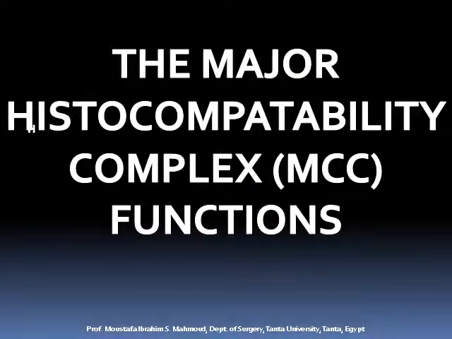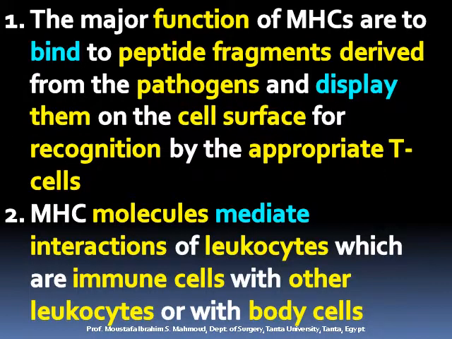The major histocompatibility complex functions. The major function of the MHCs is to bind to peptide fragments derived from pathogens and display them on the cell surface for recognition by the appropriate T cells.